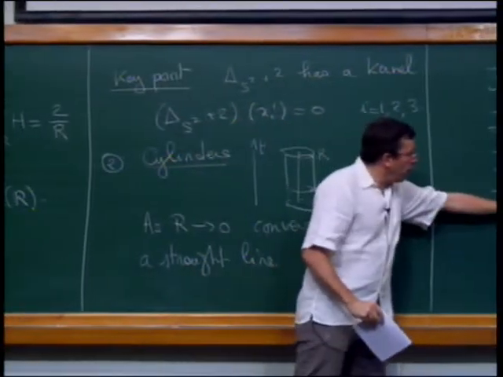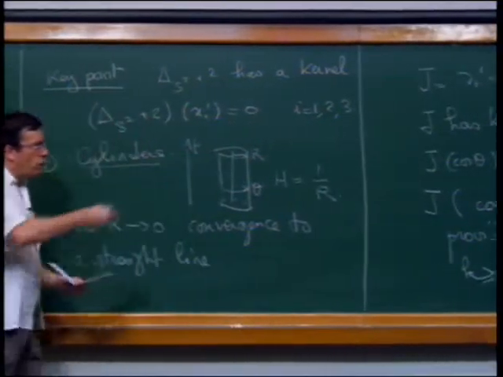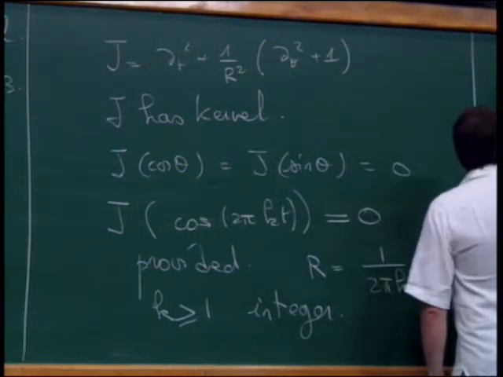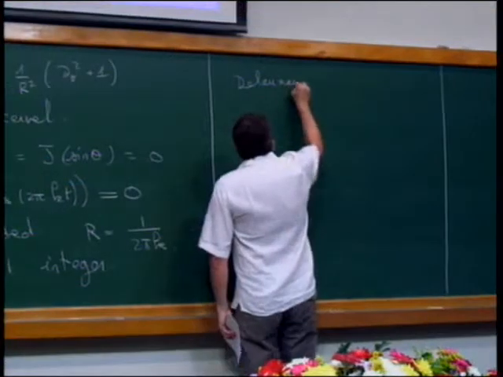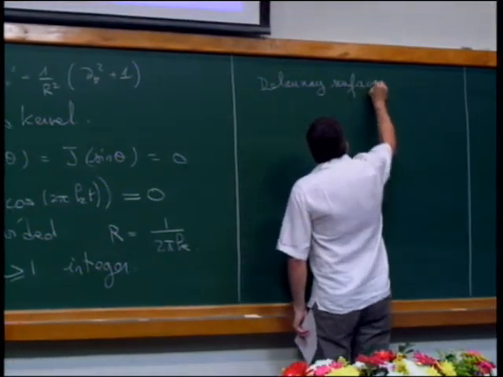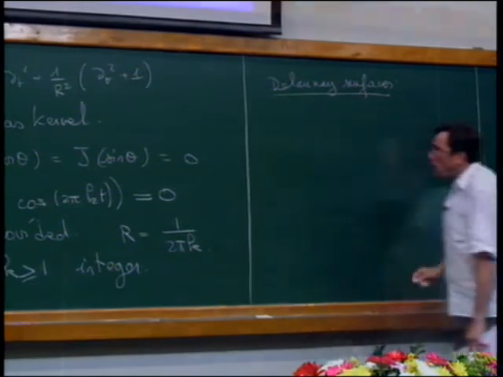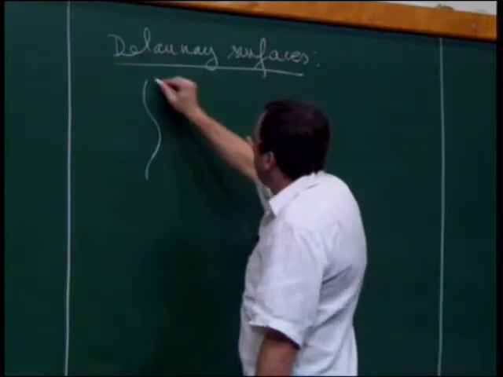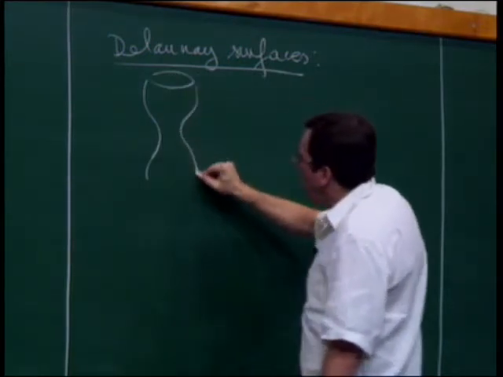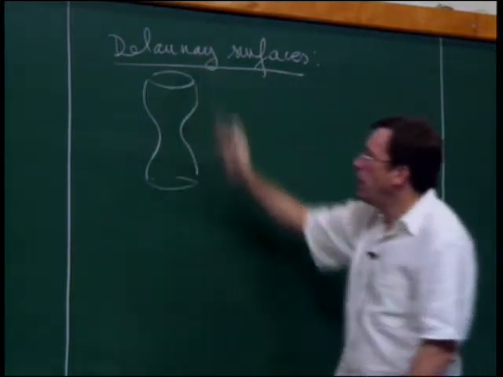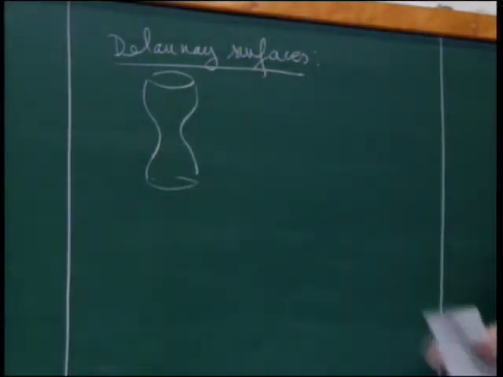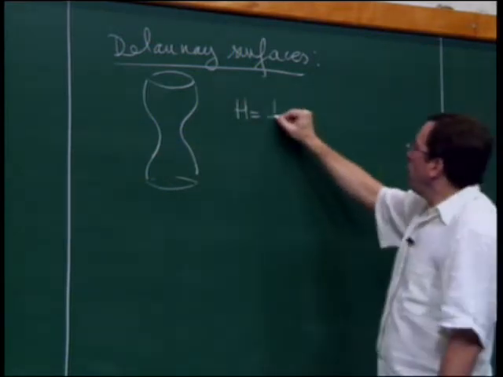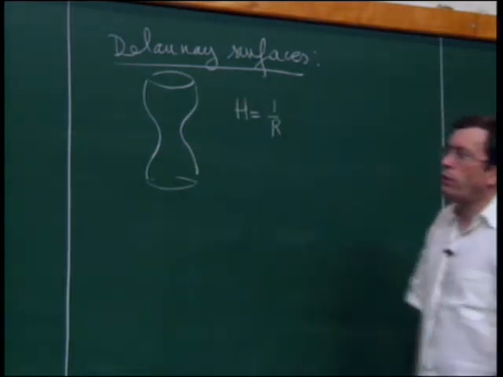Now, the fact that from time to time you also have an extra kernel is related to the existence of what are called Delaunay surfaces. Delaunay surfaces are surfaces of revolution which have constant mean curvature, and they can be depicted as follows. They are periodic surfaces in one direction, and they oscillate. The mean curvature can vary, and can be 1 over r if you want.